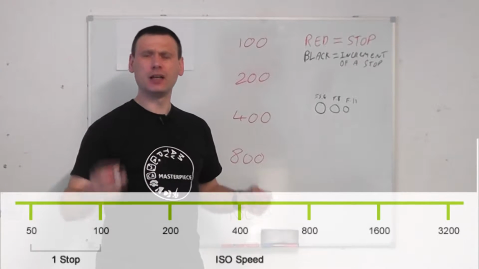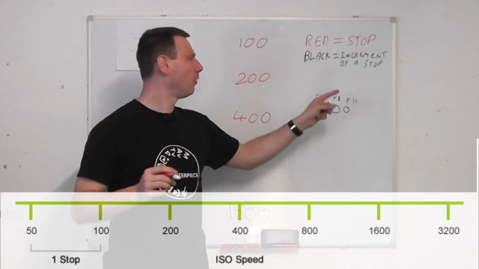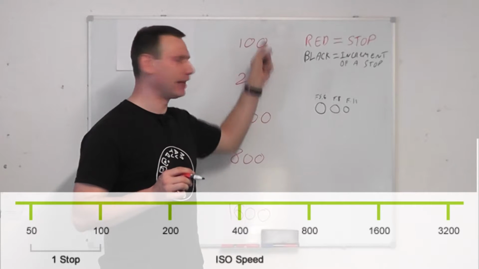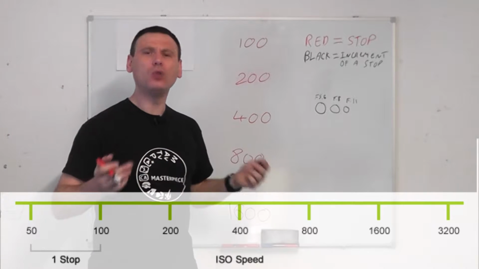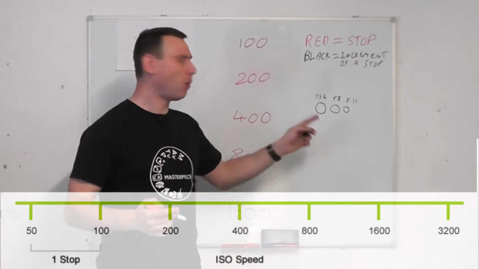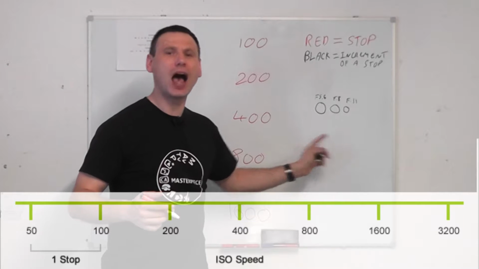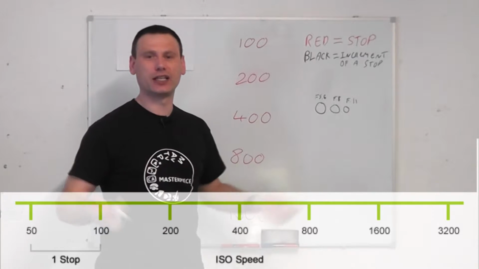I'm Strober and today we're going to be talking about stops within the ISO range. Now basically we all know what a stop is in general. A stop will either double the amount of light into the camera or it will halve the amount of light entering into a camera.